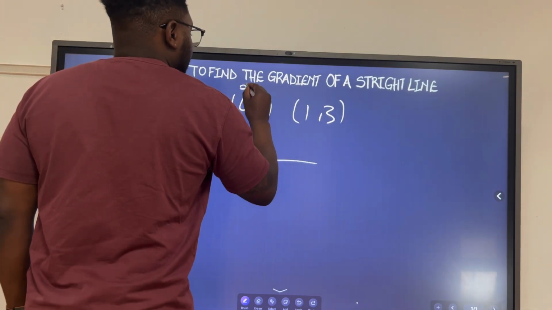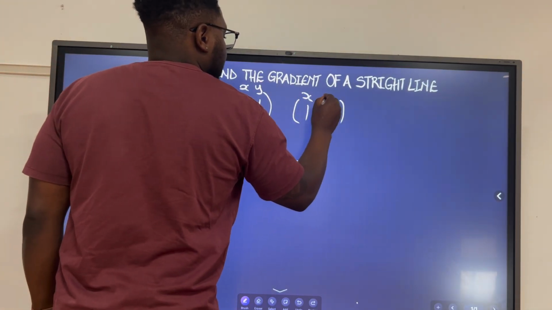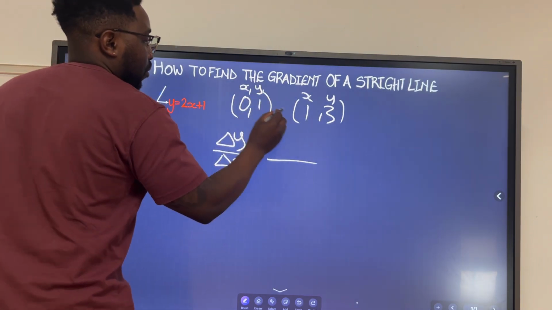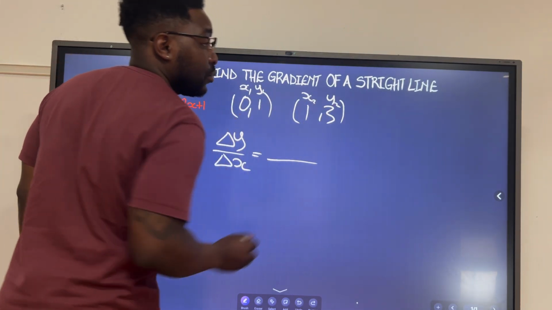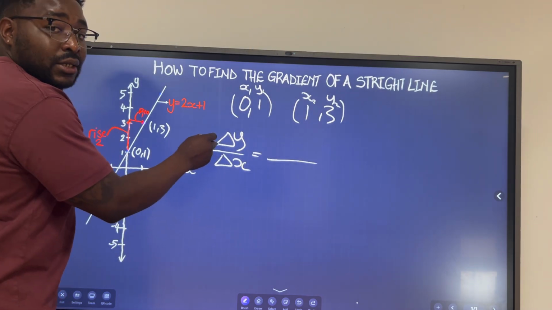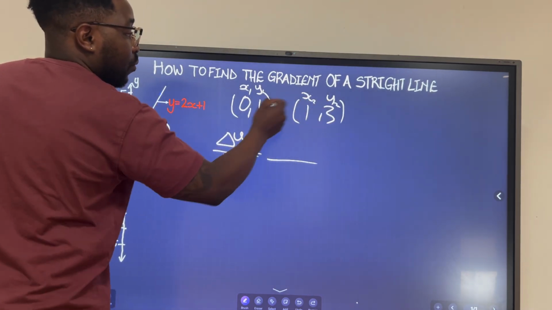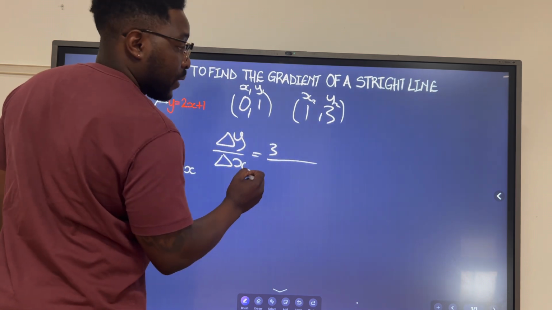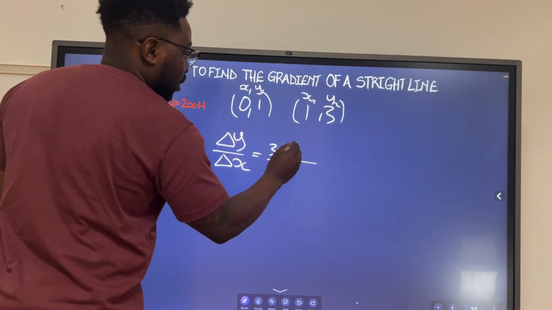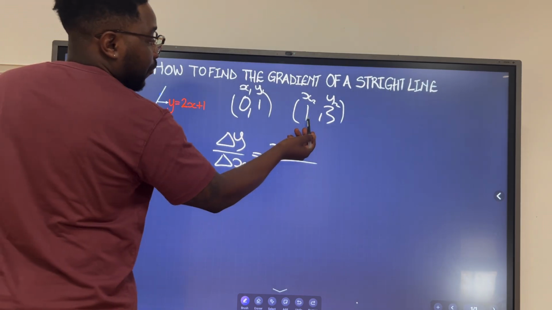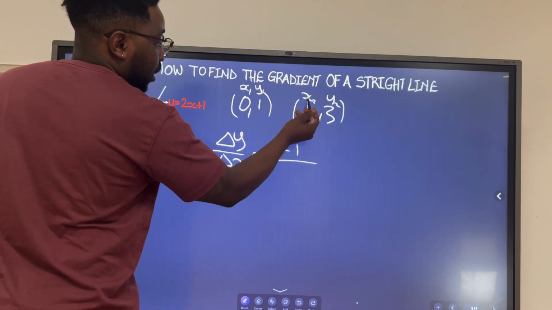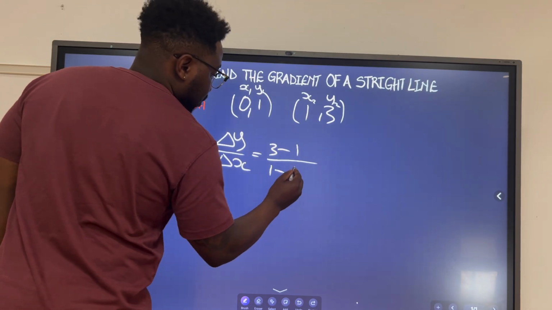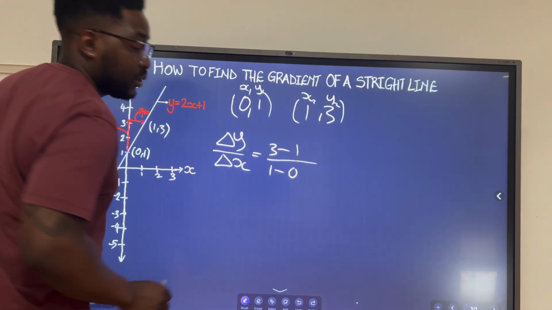So this is my x, this is my y, that's my x, that's my y, right? I'll denote this one as my x1, y1, x2, y2, yes? So the change in y, the difference between the y values. So I'll pick my y2 over here, that's 3, the difference, y1, 1, the difference in now x values, x2, which is 1, and the difference is my x1, which is 0.